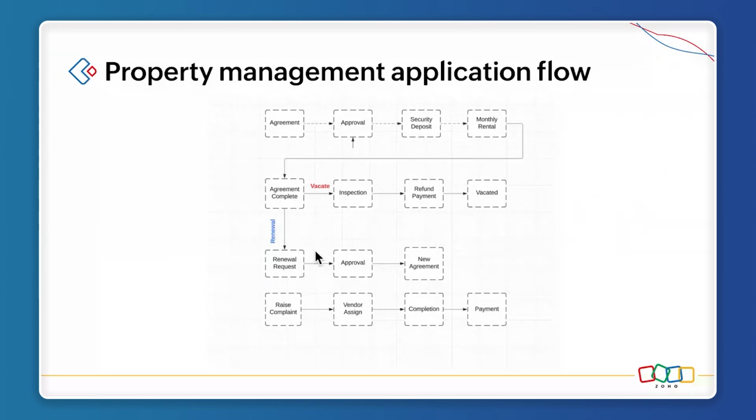Apart from this, we have another flow where, once the tenant has moved into the property, the tenant might face some issues with the property. It can be plumbing issues or electrical issues. Within the property, the tenant will have a dedicated portal where they can raise a complaint about whatever issues they are facing, and a vendor will be assigned by the owner.